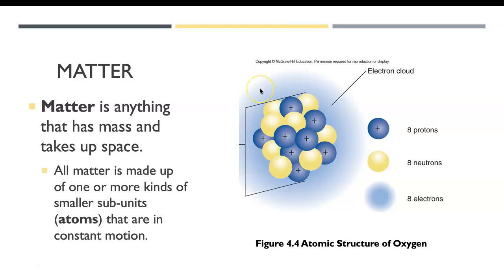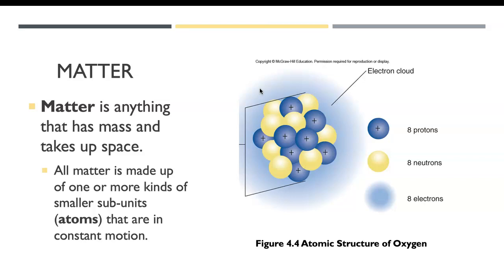But the interesting thing is if we look at the nucleus and see the yellow balls and the blue balls, which are neutrons and protons, they're pretty close to each other. And there is a nuclear force pulling all those positive protons together. So this is the basis of nuclear reaction.